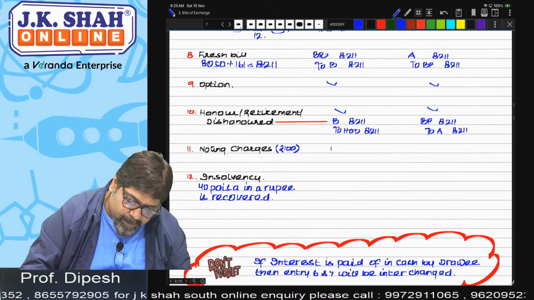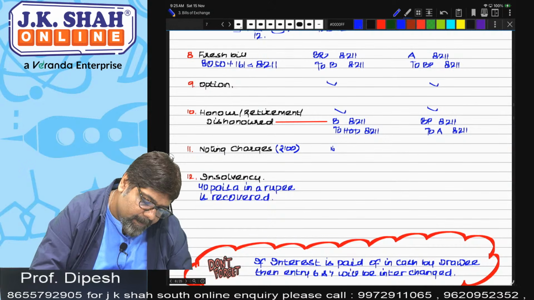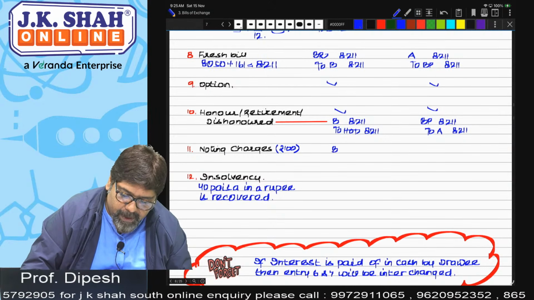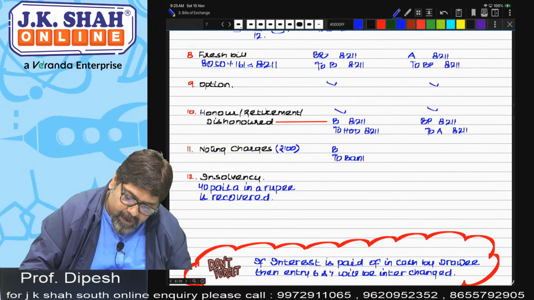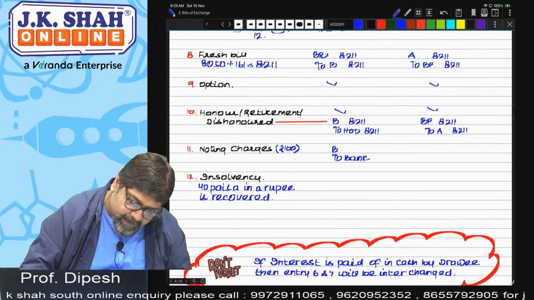Noting charges, B to bank or creditors depending upon what option I had exercised, 100 rupees.